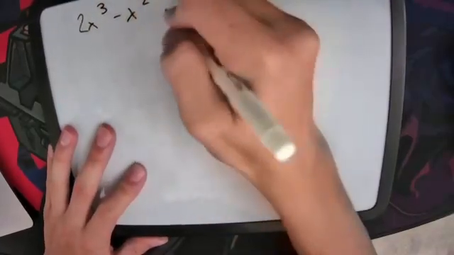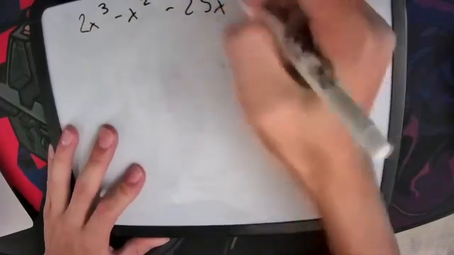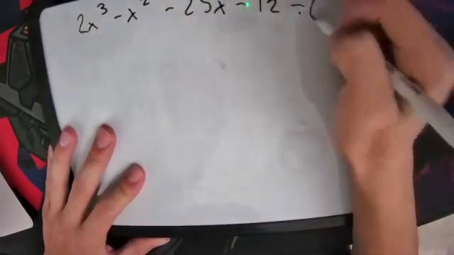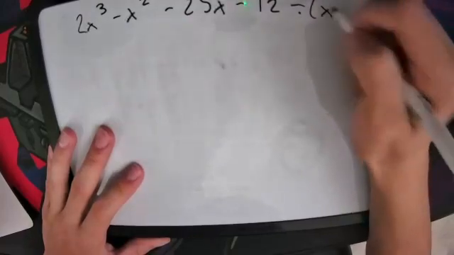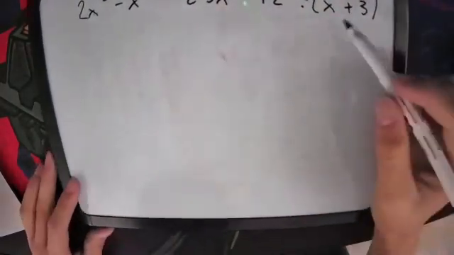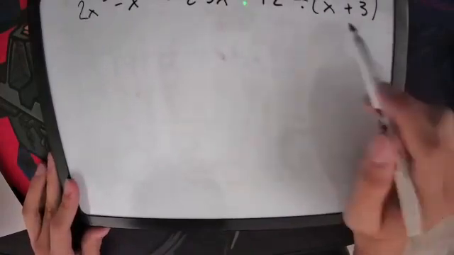Okay, now for example problem number 2, it is asking us to synthetically divide 2x to the third minus x squared minus 25x minus 12 by x plus 3. Once again, our first step is to find the zero for this binomial expression.